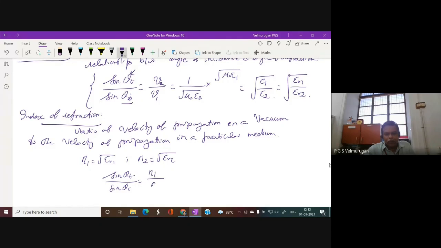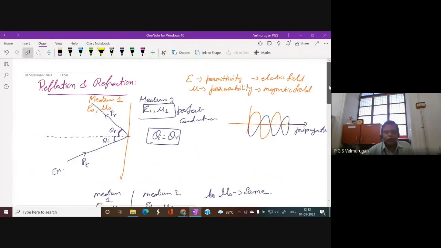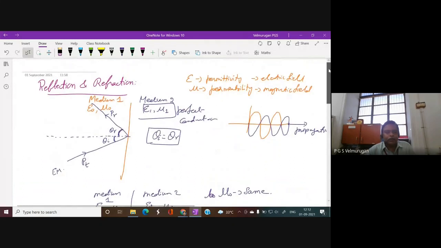So we defined Snell's law and index of refraction in terms of permittivity. Now we will do some problems based upon this concept.